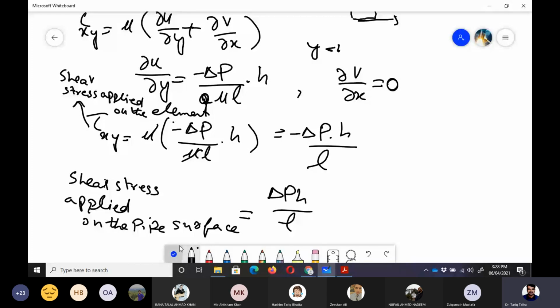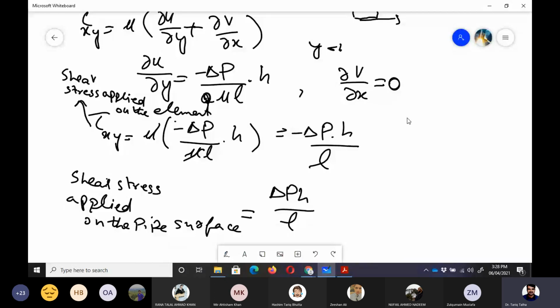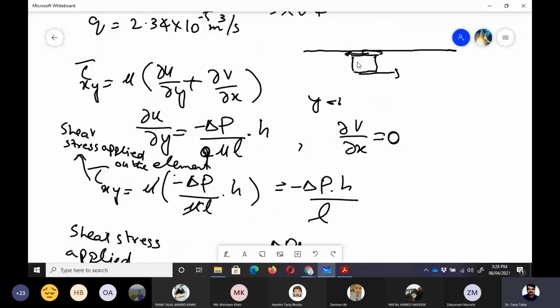Right? Because I have just explained that if this fluid is experiencing a shear stress in the negative x direction, this pipe surface would also experience a shear stress in the positive x direction, which basically comes from Newton's third law of motion, that every action has an equal and opposite reaction. So the equal and opposite force would be acting on the pipe surface. Now we can calculate its value.